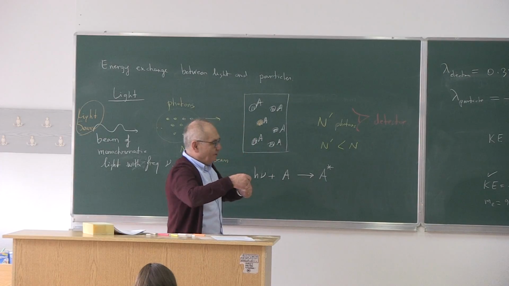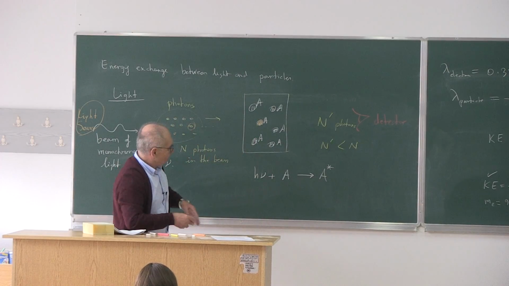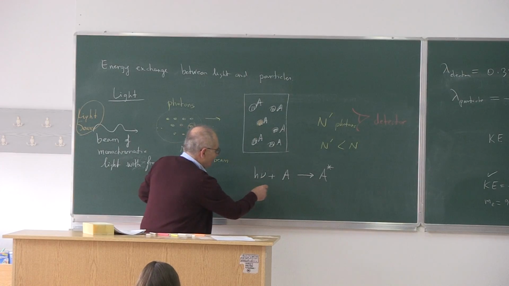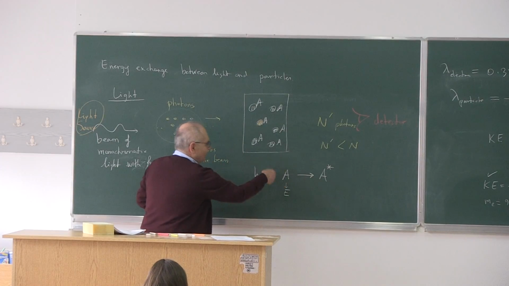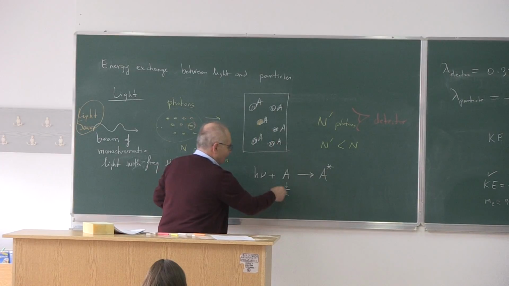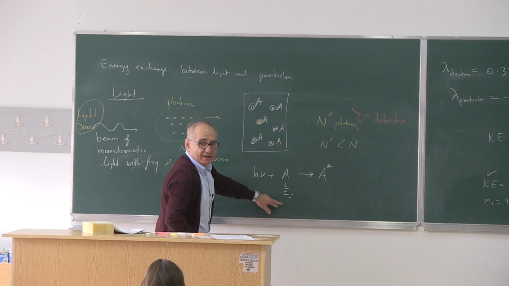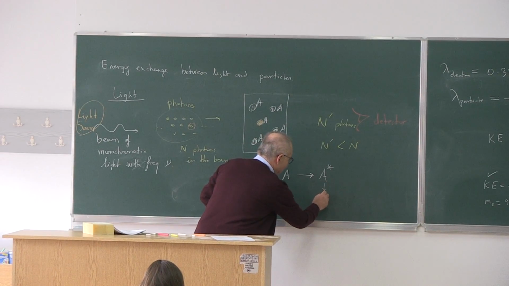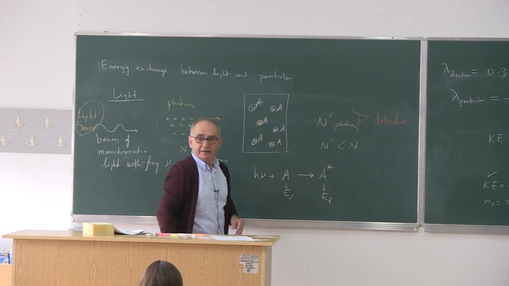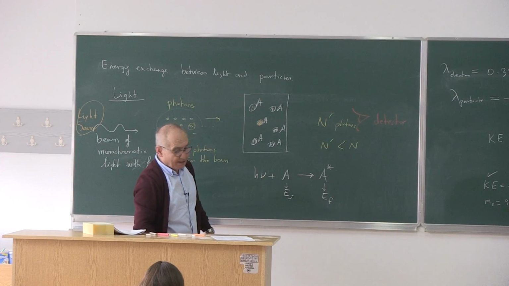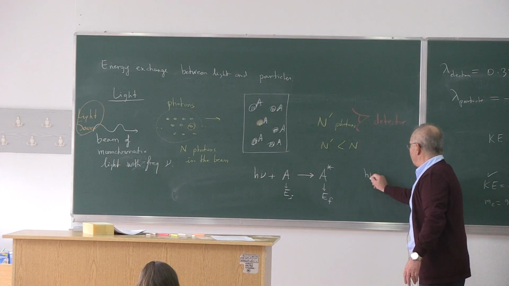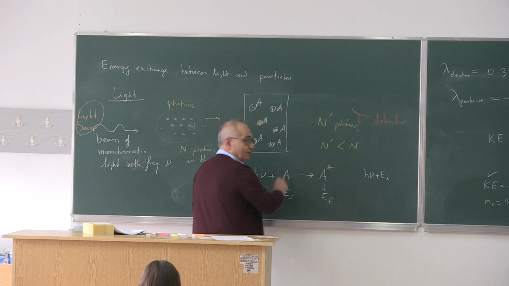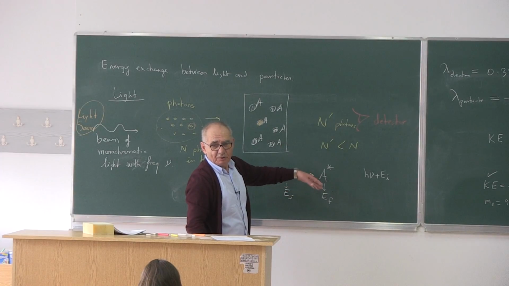But okay. So now if we indicate the energy of the normal particle by E_i, initial energy, and this is the final energy of the same particle, then energy conservation tells us that photon energy plus initial energy, this is the total energy initially, must be same as total energy finally.